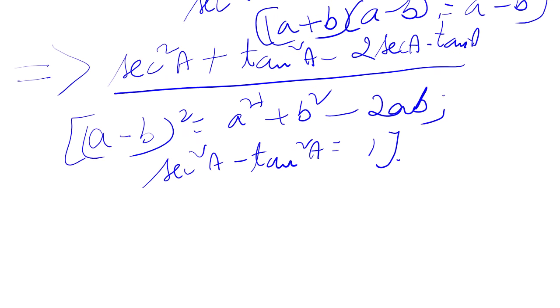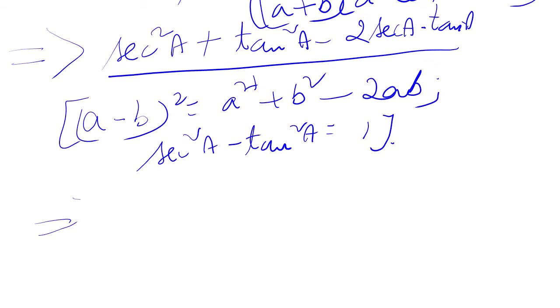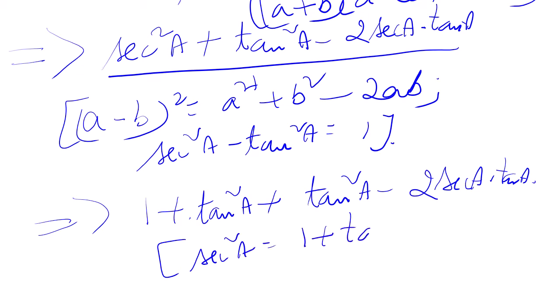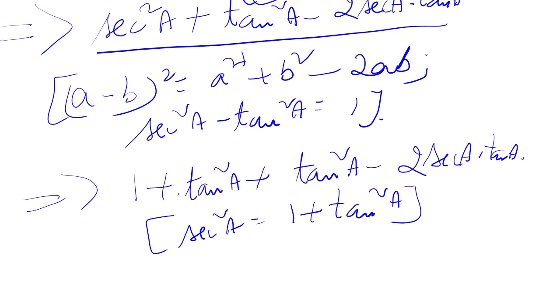Okay, so this implies again sec square A can be written as 1 plus tan square A plus tan square A minus 2 sec A tan A. Why? Because sec square A is equal to 1 plus tan square A. That is what we have used.